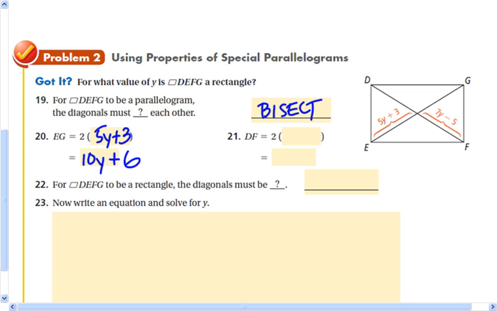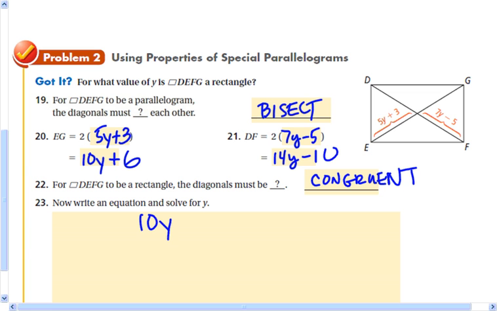DF is equal to 2 times the quantity 7y minus 5, which is equal to 14y minus 10. For DEFG to be a rectangle, the diagonals must be congruent. So to solve for y, we can write this equation.